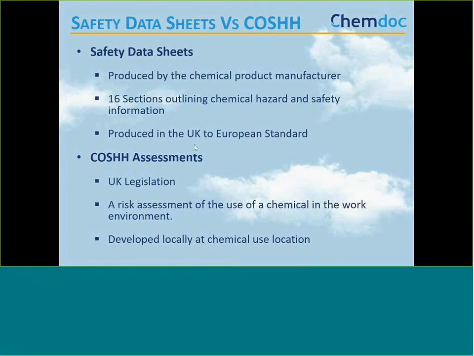COSHH is UK legislation, but a lot of people in different countries around Europe use it as a standard to follow because it is quite good, but it is essentially UK legislation. So a safety data sheet is a document produced by the manufacturer, and a COSHH assessment is a risk assessment of a chemical that is used in an environment, produced locally where you use that chemical.